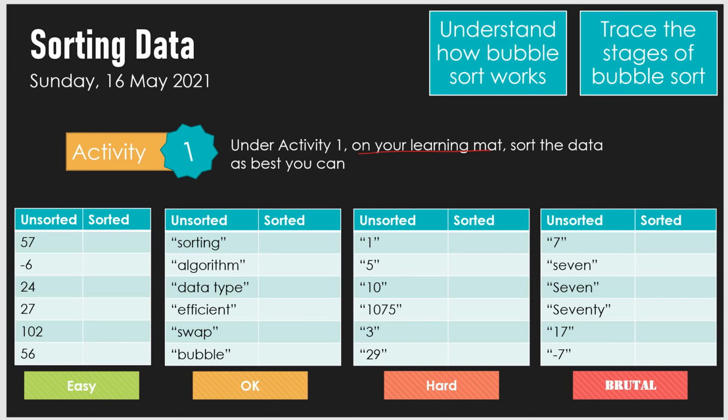You look at these four lists, and what you need to do is you need to organize the data that's on the unsorted side into an ascending sorted list on the right hand side of each table. So if you want to attempt this activity, please pause now and we will check the answers once you unpause.